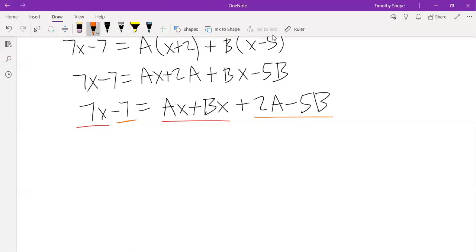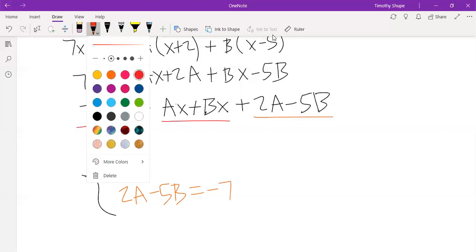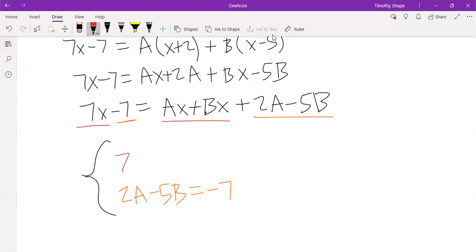So I'm going to form two different equations that can help us solve a system of equations so that I know what a and b are. One of them I could say is 2a minus 5b is equal to negative 7, using the terms that didn't have an x value. And I could also say that a plus b is equal to the coefficient of the x, which is 7.